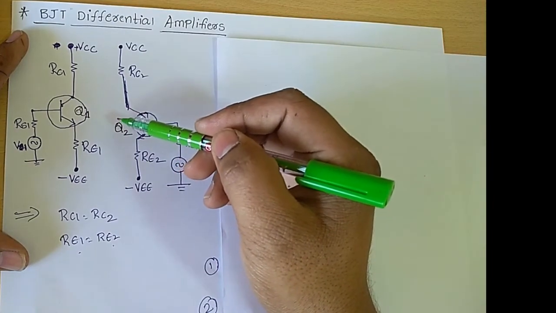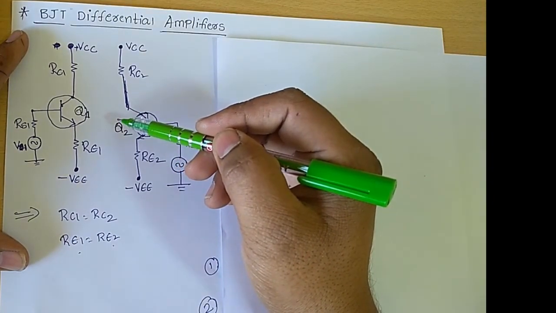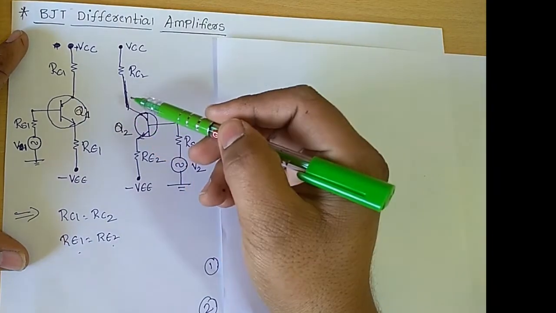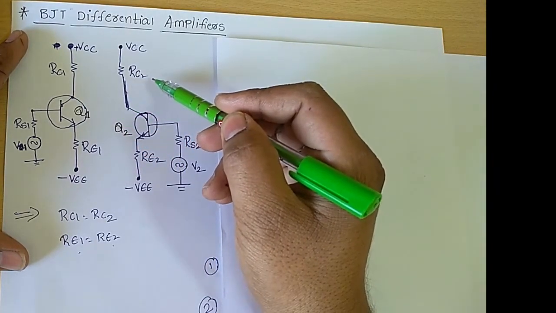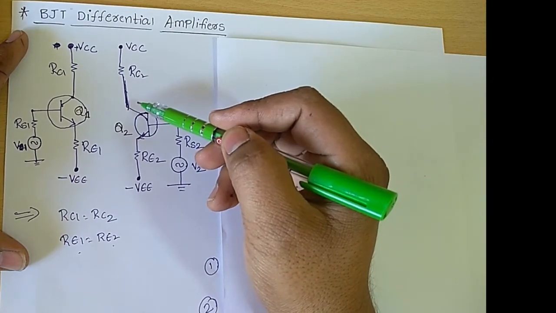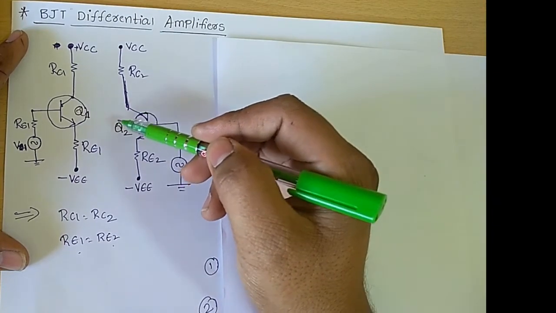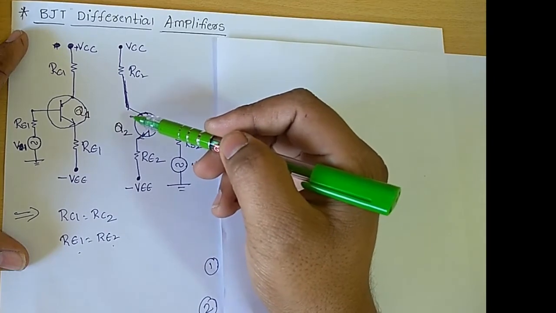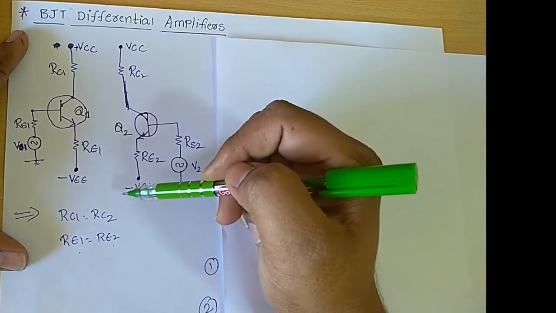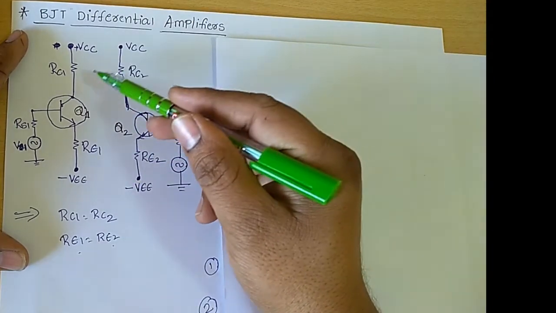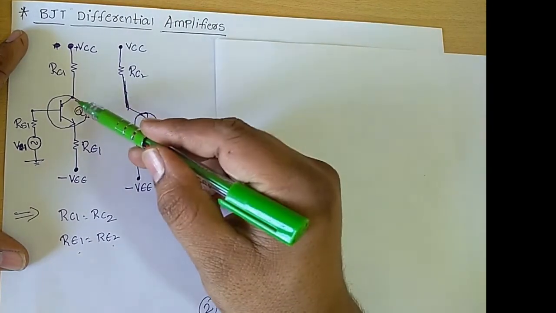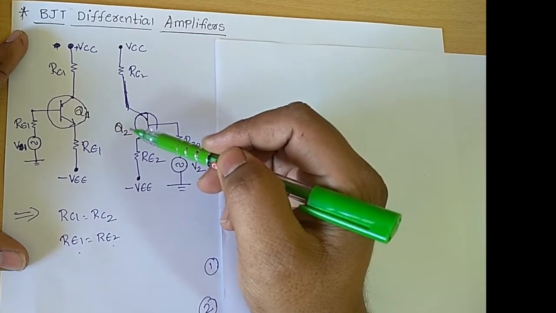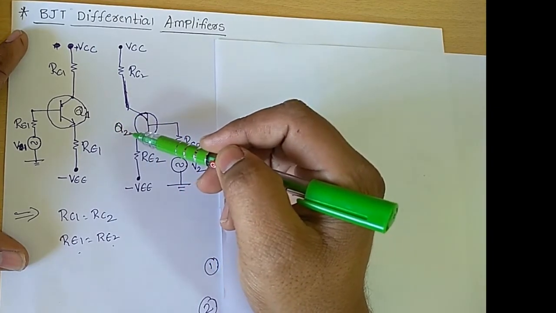The collector resistances are also equal, RC1 equal to RC2, and the emitter resistances are also equal, RE1 equal to RE2. With respect to all these values, we conclude that these two transistors are identical to each other.